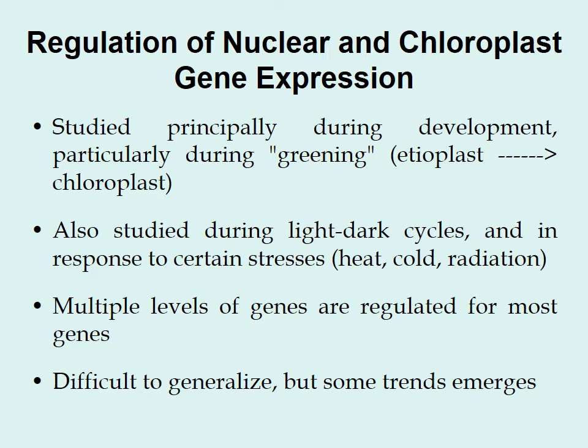Greening means the conversion of etioplasts to chloroplasts, and degreening means the conversion of the chloroplast either to chromoplast or to etioplast. So in the synthesis of chlorophyll, in this chloroplastic gene expression, the light-dark cycles are important.